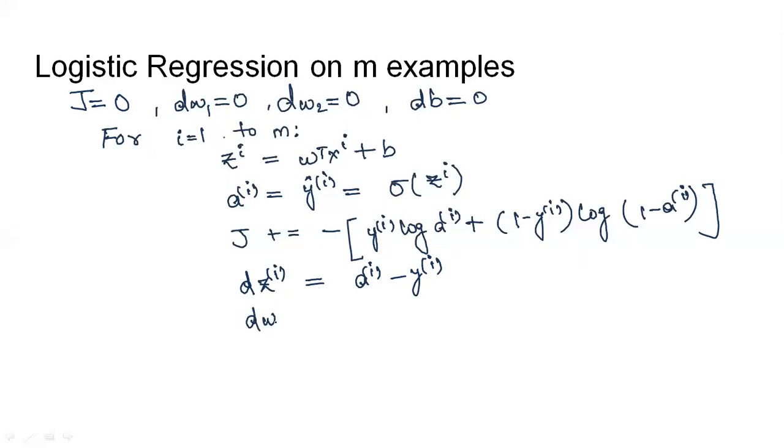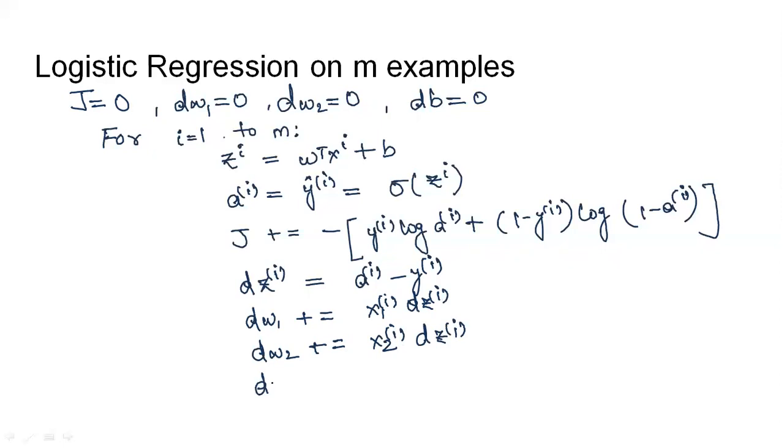So let us update with respect to the intermediate variable w1. It will be dw1 plus equal to x1(i) into dz(i). And for variable w2, it would be dw2 plus equal to x2(i) dz(i).